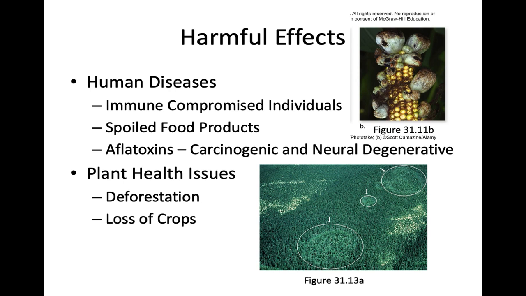And it's worth noting that each patch that you see circled in this picture is the result of a single fungus that has spread. It's one huge fungus, and it's one of the largest organisms on Earth. And it can sometimes even be bigger than a large blue whale. So fungi can be very detrimental to humans and to plants and other animals.